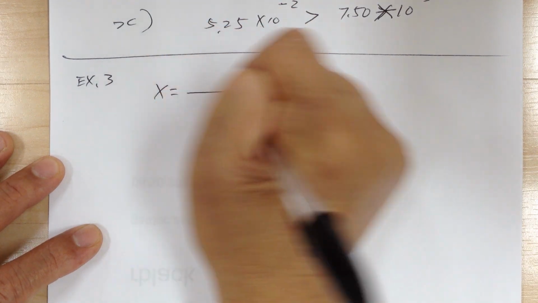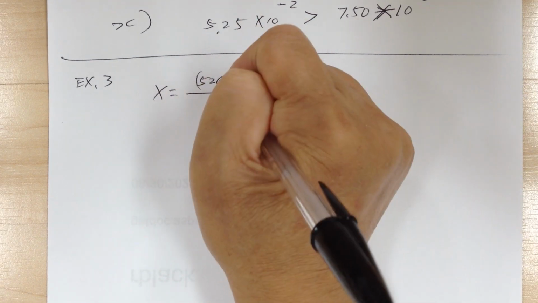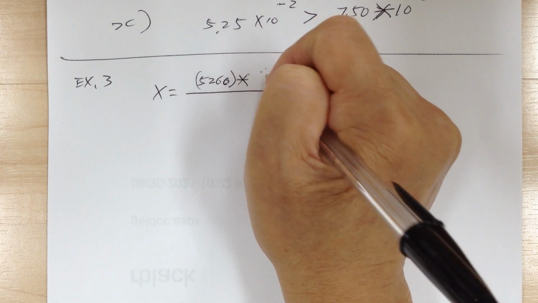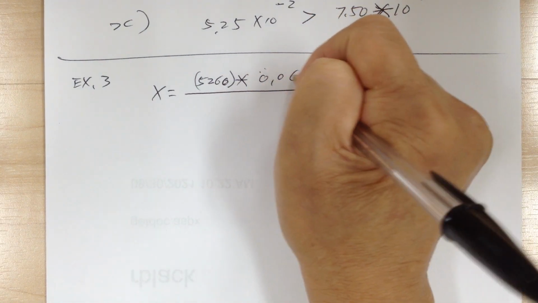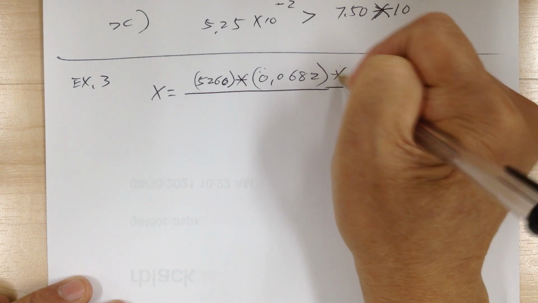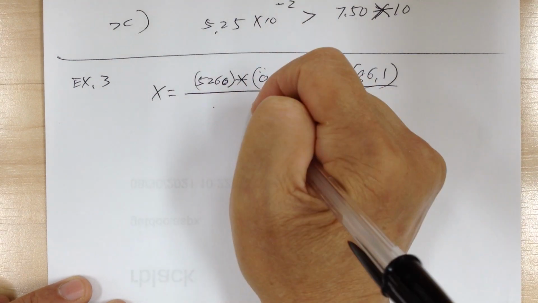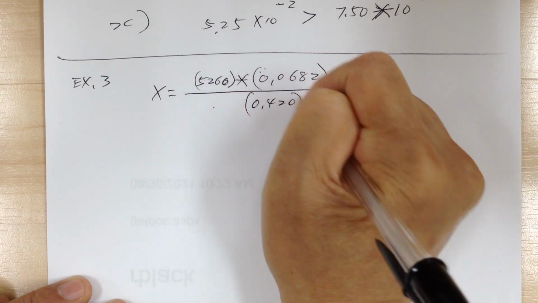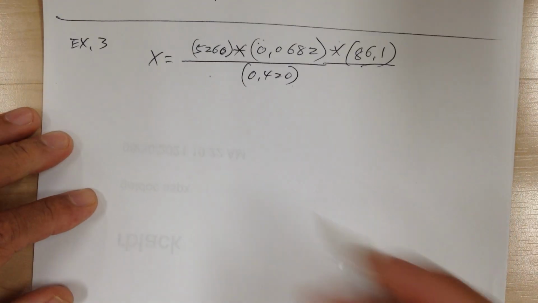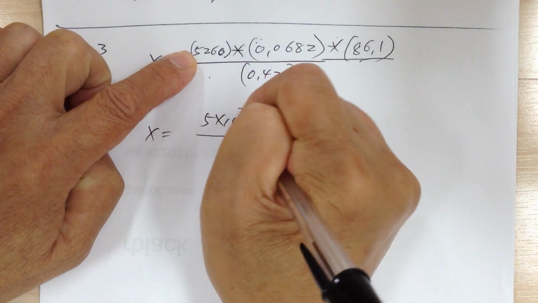So you got x equal to 5260 times 0.0682 times 86.1 over 0.420. They want you to use a one significant digit estimate of x. So with one digit, this would be 5 times 10 to the 3.